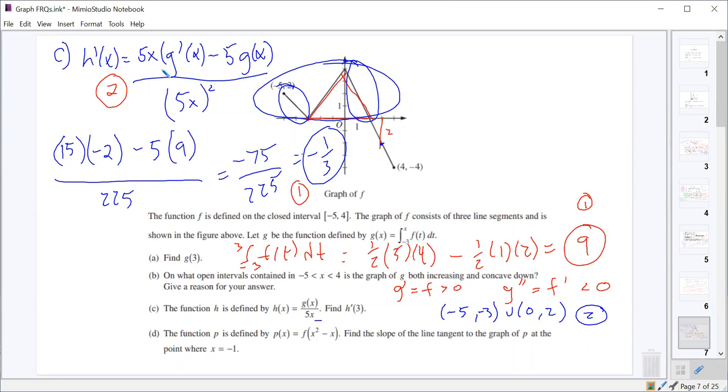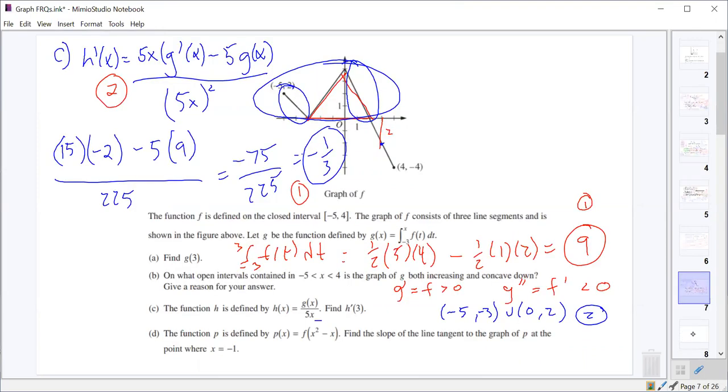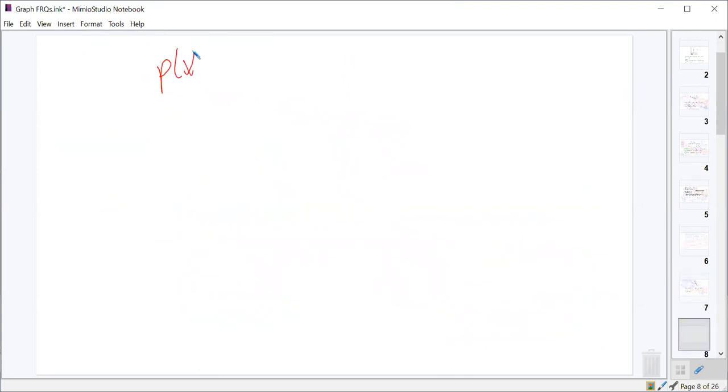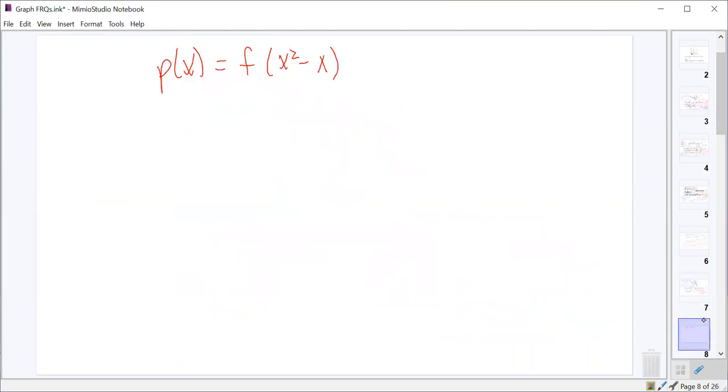Good. Great. All right. And then part D. Let's see. Part D said we got P of x, which is f of x squared minus x. And we're looking for the slope of P at x equals -1.